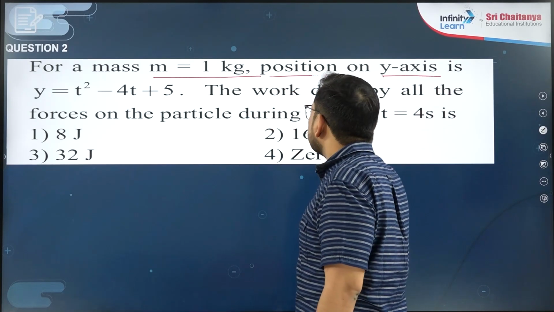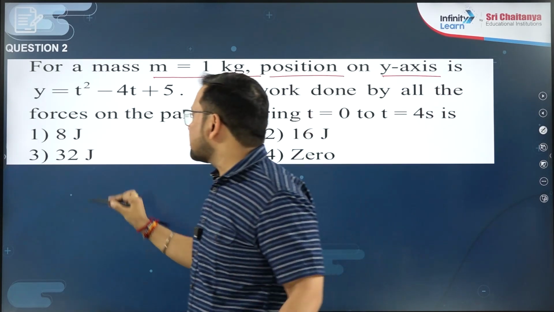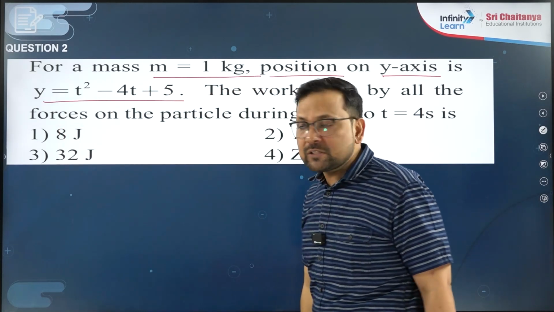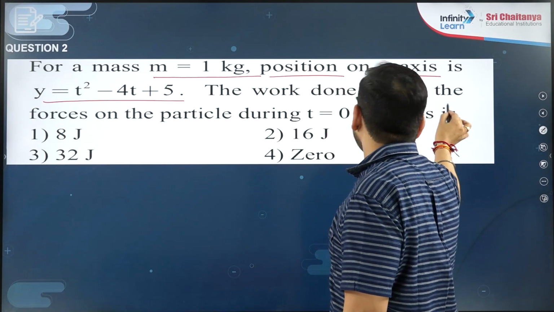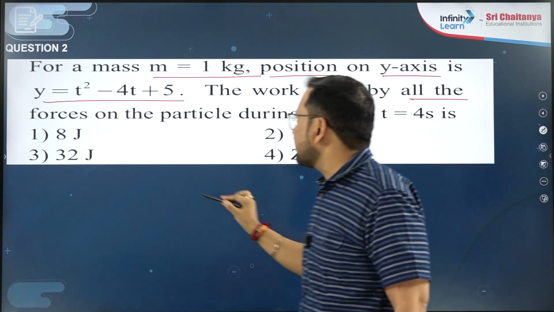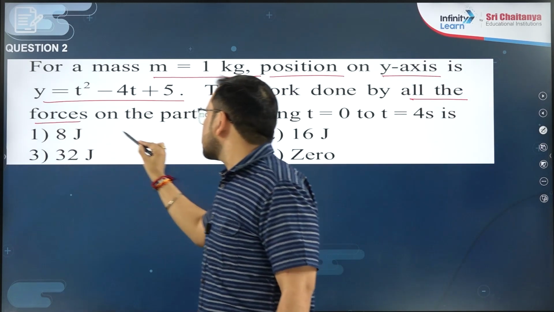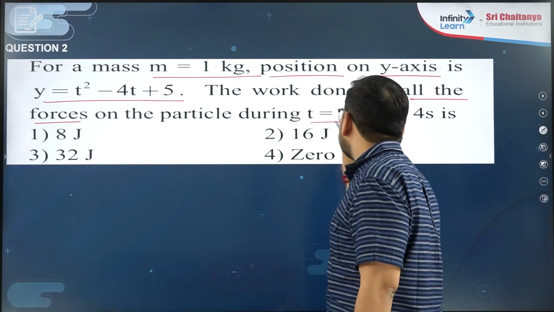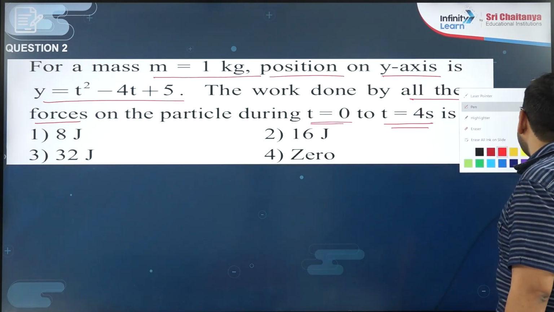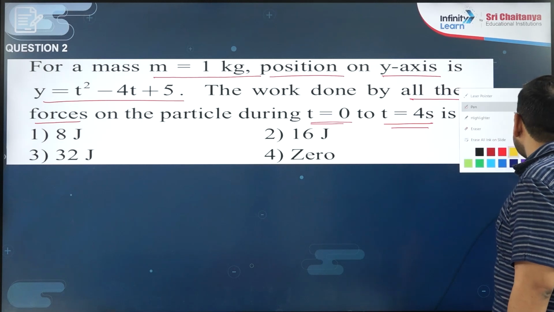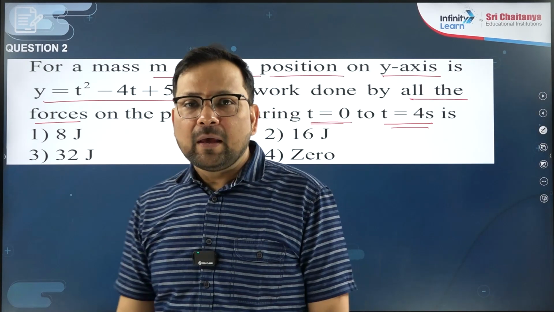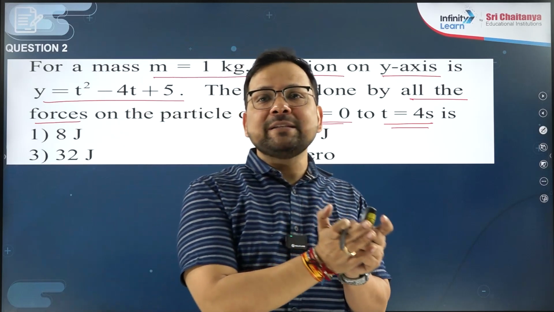This is the position given, and change in position is the displacement, and the rate of change of that displacement is velocity. Work done by all the forces, see this important word, all the forces, on the particle during t equal to 0 to t equal to 4. So we understood this question. What is this question asking? Work done by all the forces, but that is equal to change in kinetic energy.